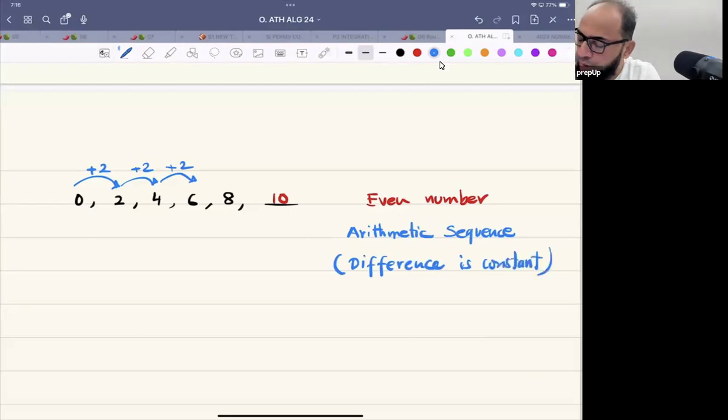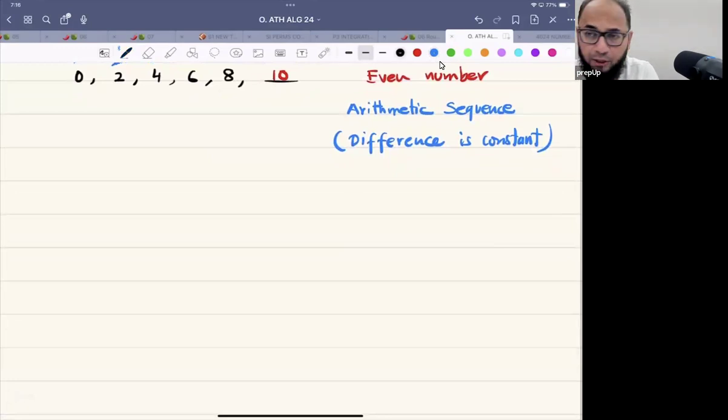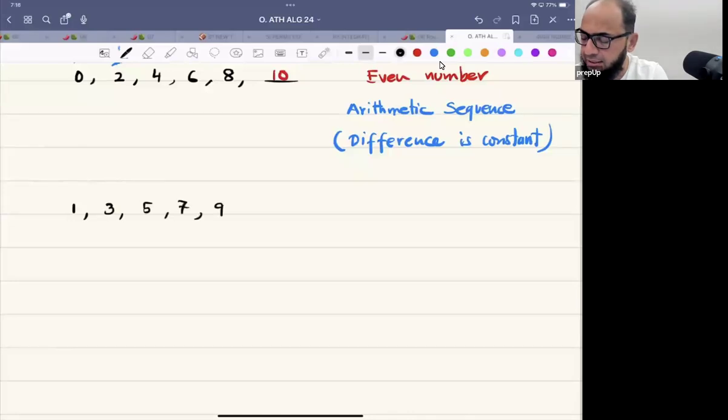Let me write down another arithmetic sequence, and maybe you are well aware of what exactly I'm going to write. So I'm going to write that 1, 3, 5, 7, 9, the next one is 11.